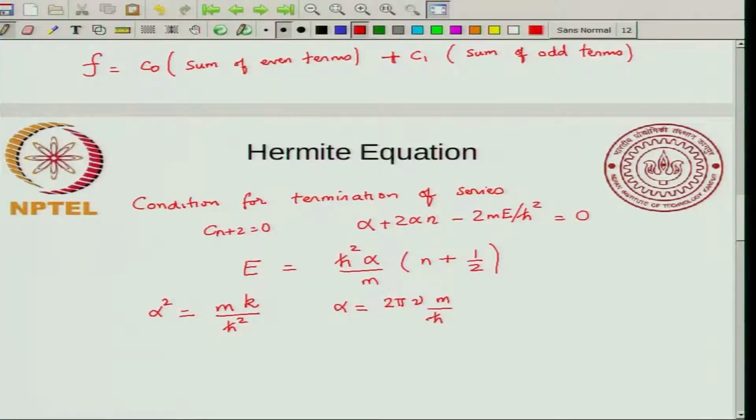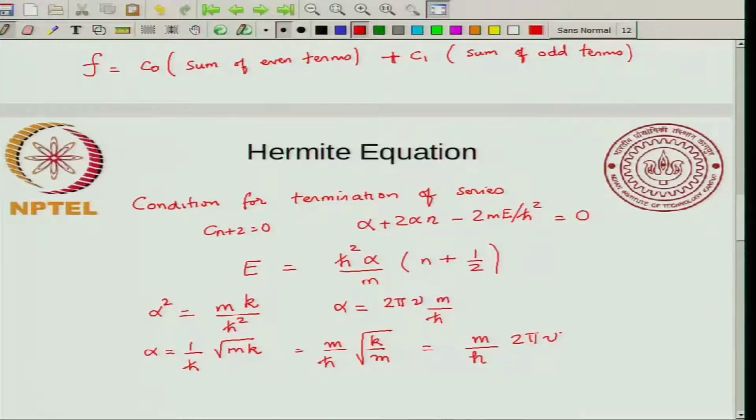You can see this in the following way. If I write alpha is equal to 1 over h bar times the square root of mk, you can write this as m over h bar times the square root of k by m. The square root of k by m for a simple harmonic oscillator is related to your frequency, so this is 2 pi nu.